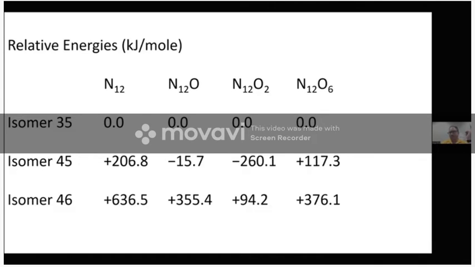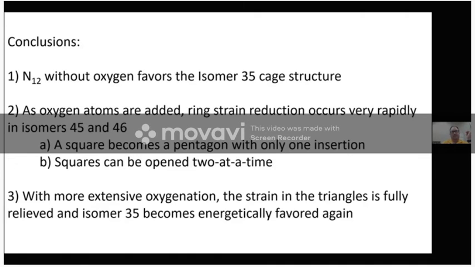So, end of the day, what do we get from all that? Looking at a few conclusions here. N12 without oxygen favors the isomer 3,5 cage structure. Why? Because a lot of those atoms are surrounded totally by pentagons, which are idealized from an angular point of view, a structural point of view.